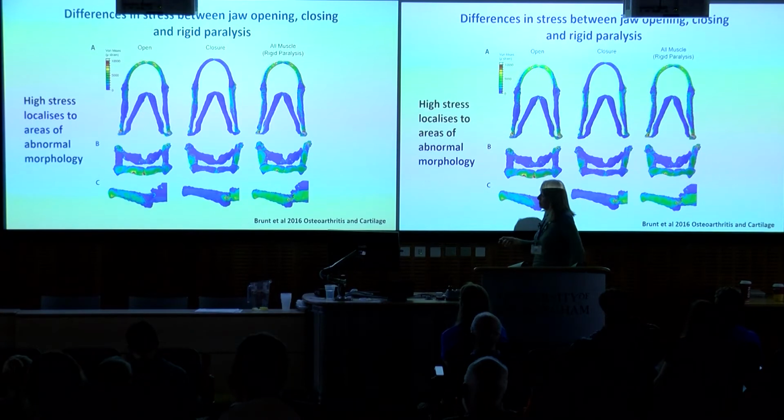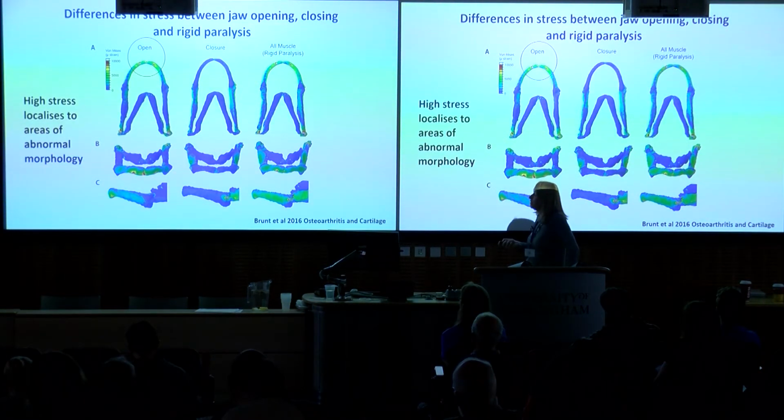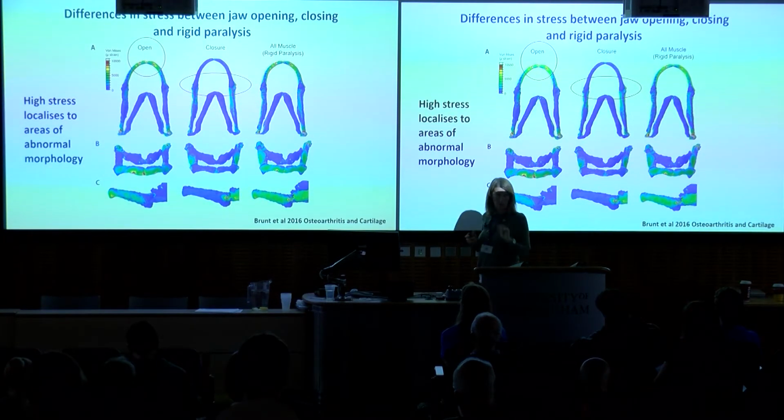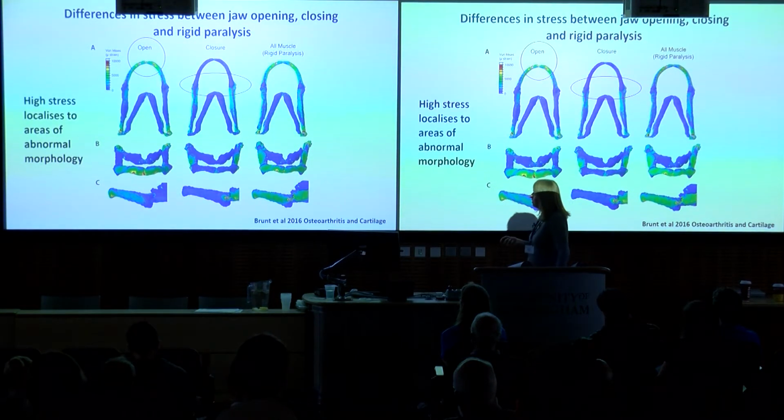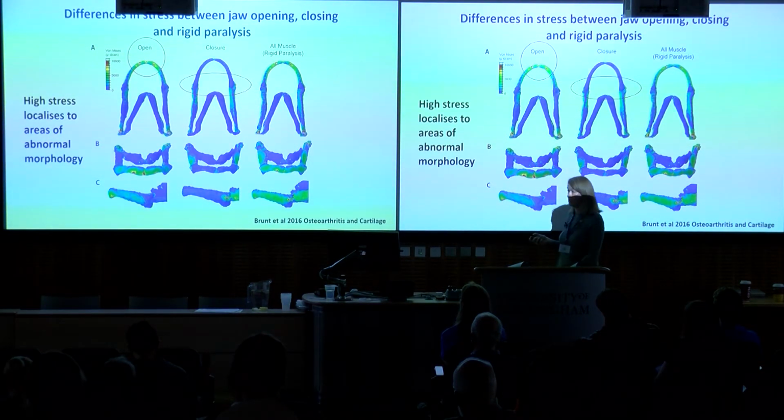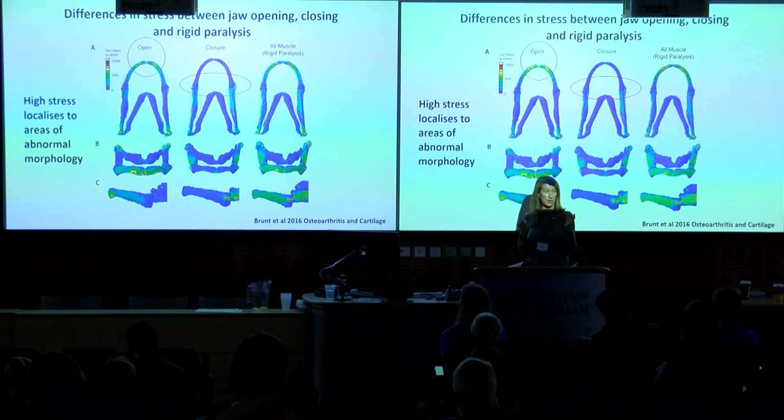But universally, the high areas of stress localize to these areas of abnormal morphology that we've spotted in our confocal and our other analysis. In jaw opening, we get high stress at the symphysis, and in jaw closure we get really high stress at the jaw joint. In our rigid paralysis models, both those regions are under high stress because all of those muscles are contracting at once.